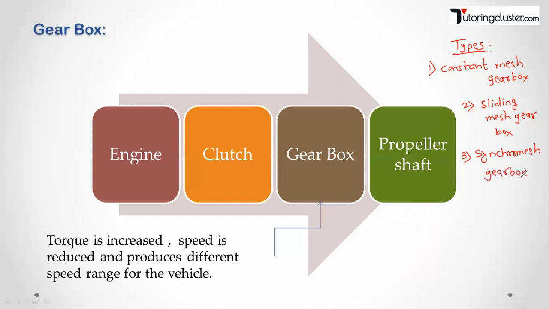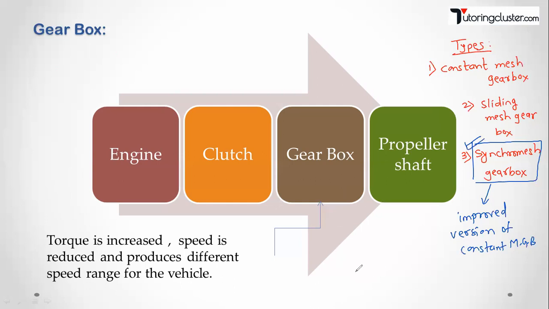So in a car you will find synchro mesh gearbox. Basically it's an advanced version, an improved version of constant mesh gearbox. Okay, this is more than enough to know. कार में कौन सा यूज होता है, synchro mesh gearbox, right?